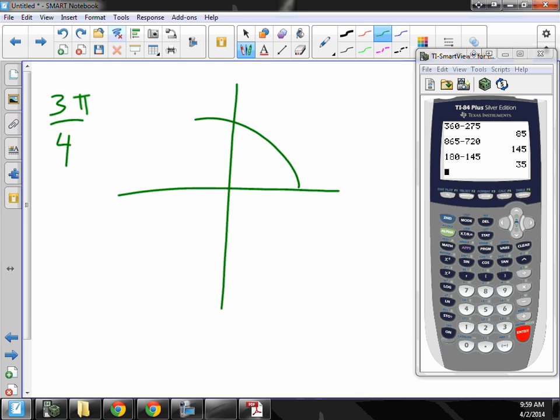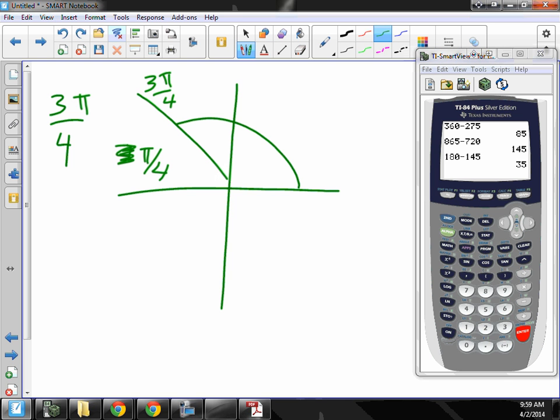So 3/4 is going to be right there. Well, we've already answered what the reference angle is. We said the difference between 4/4 and 3/4 was 1. So this is just 1 pi over 4, or you can just say pi/4. Because to get from 3 over 4 to 4 over 4, we need 1 over 4.